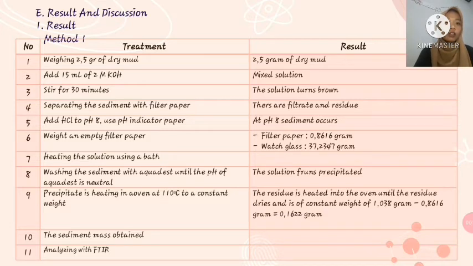The result is mixed solution. Stir for 30 minutes. The solution turns brown. Separating the sediment with filter paper. The results are filtrate and residue.